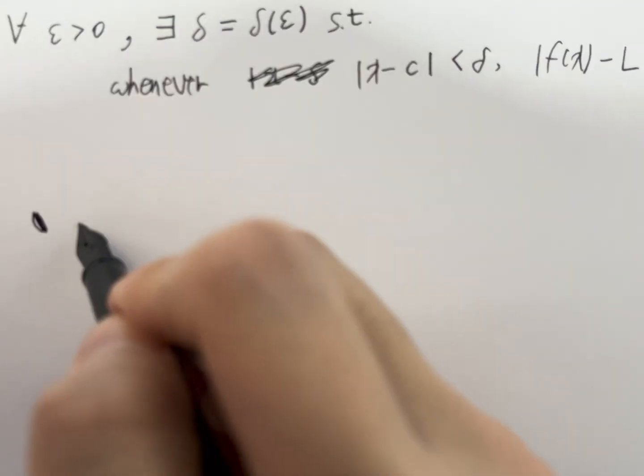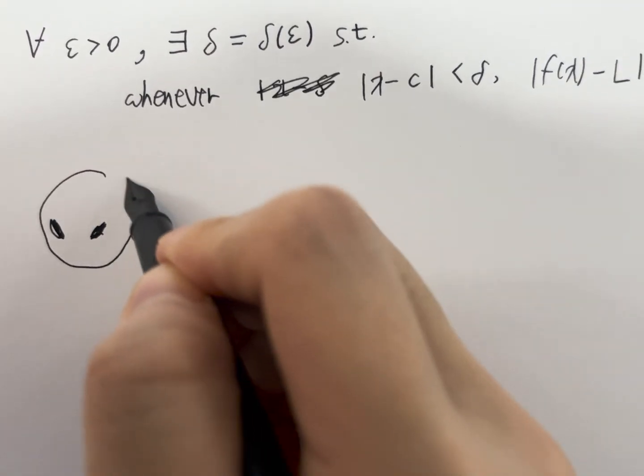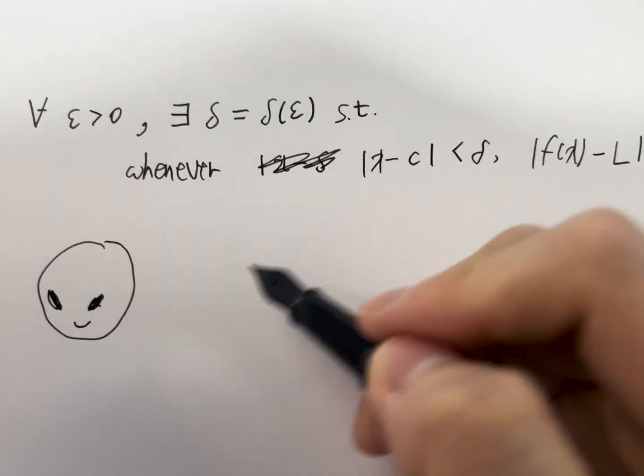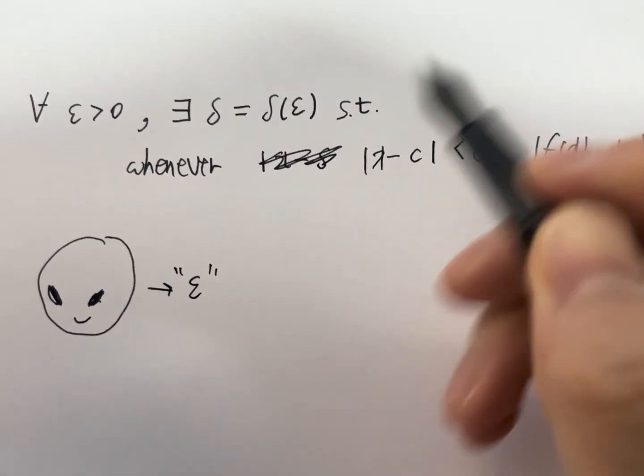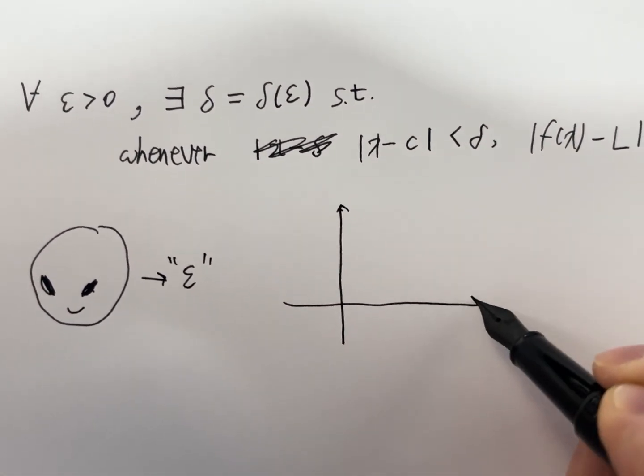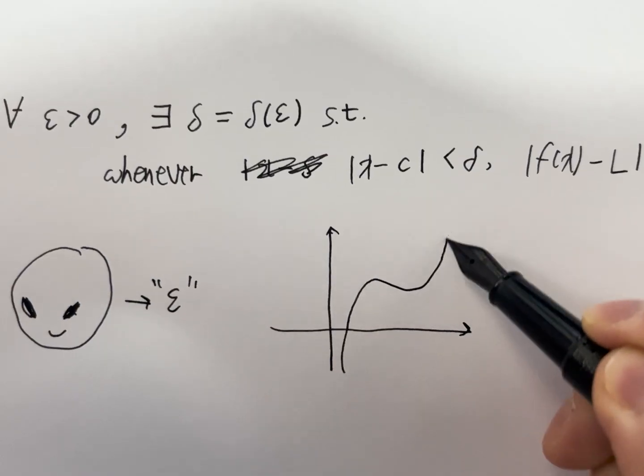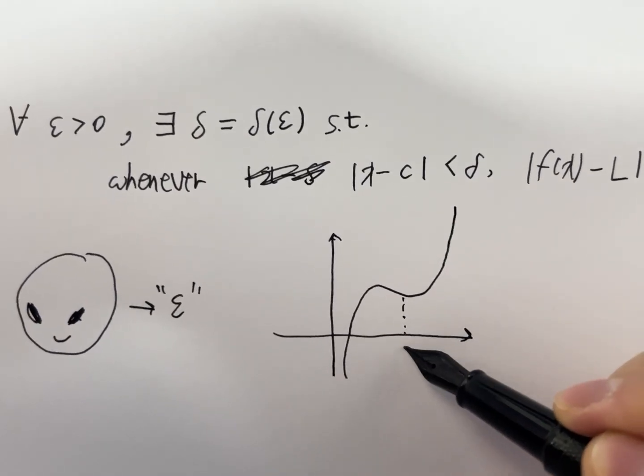So it's like the alien gives us epsilon, and we have this function. This is c.